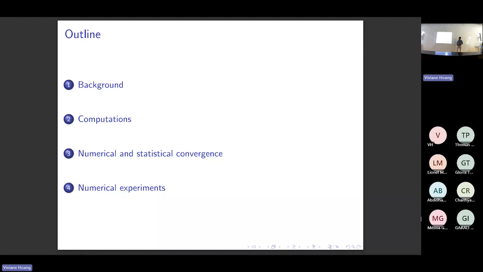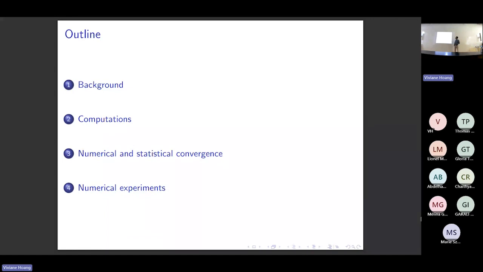And finally, we'll show some numerical results, some simulations, to show that it works and how it's working. It's work in progress, so I will ask for your forgiveness. Some of it is not published, not worked out in good shape.